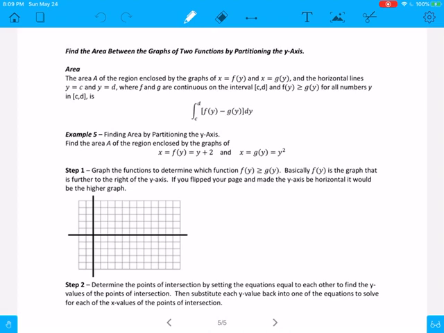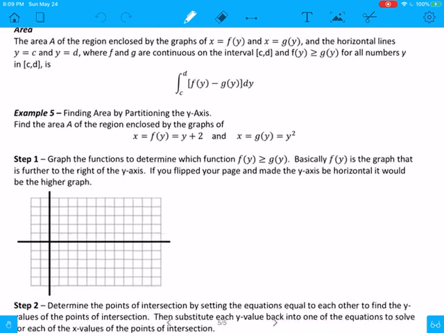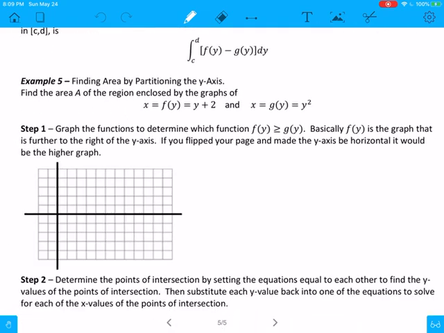Okay, so this one is find the area of the region enclosed by the graph x equals y plus 2 and x equals y squared. Now the easiest way to draw any graph is to get it into y equals. So we're going to always deal with them in x equals equations when we go to put them into our integrals or we go to integrate them.